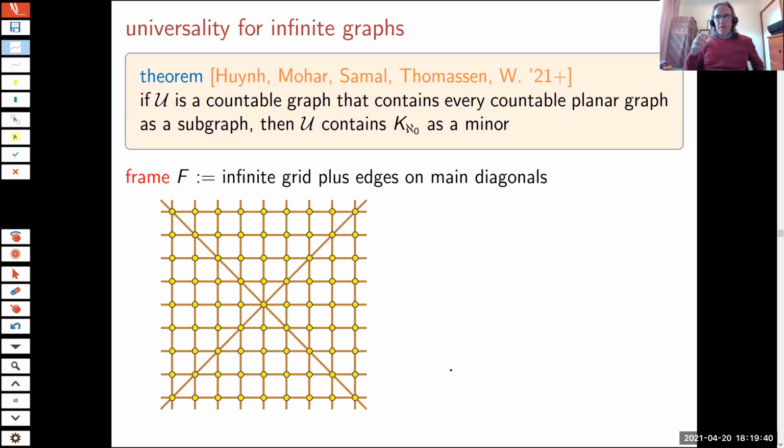For each face of size 4, each of those squares, you've got two choices about how to triangulate the face, 45 degrees or negative 45 degrees. So you've got a choice at every face. Well, that means there's uncountably many triangulations of this frame graph.